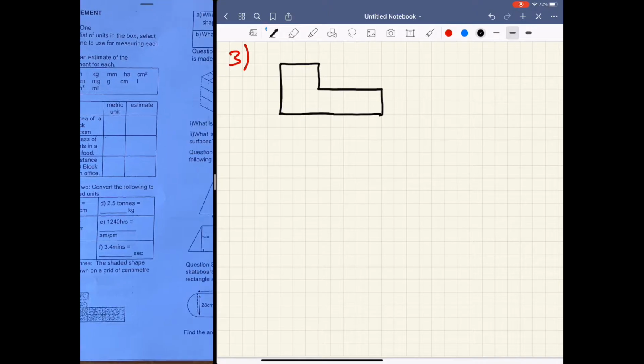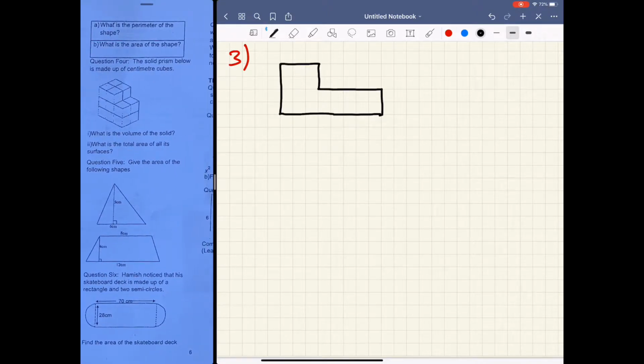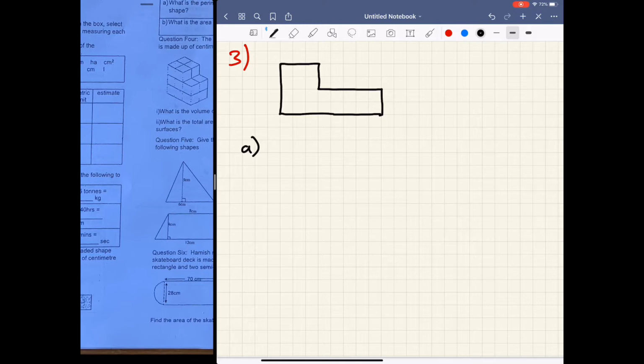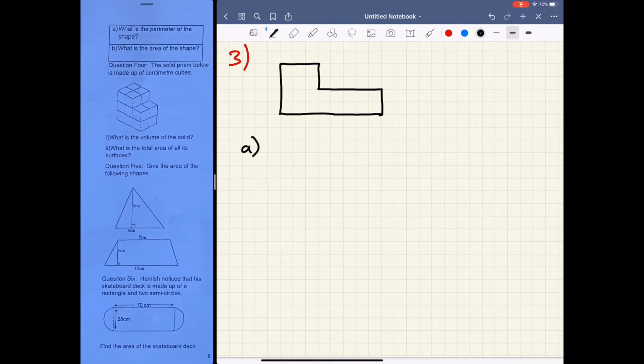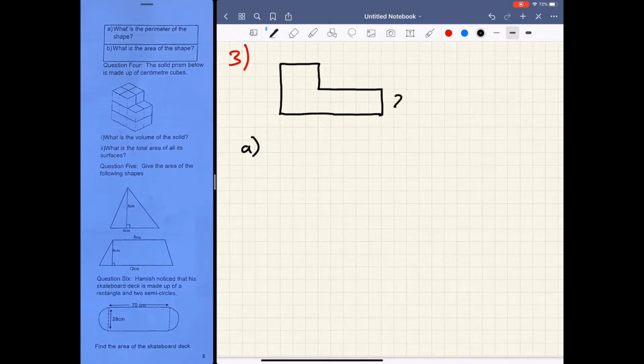Okay, the question is asking 3A, what is the perimeter of the shape? Well, the unit is centimeters. So we know this is 2 centimeters. This is 8 centimeters. 5 centimeters down along here.